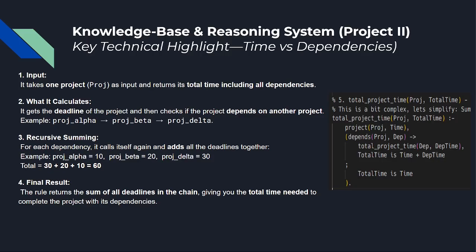So we have a recursive summing which adds all the deadlines: for project alpha it has 10, beta has 20, and delta is 30, which adds up to a total of 60. With that recursive function, it continues and returns the sum of all deadlines in the dependency chain. This is the total time to complete the project with all its prerequisites.